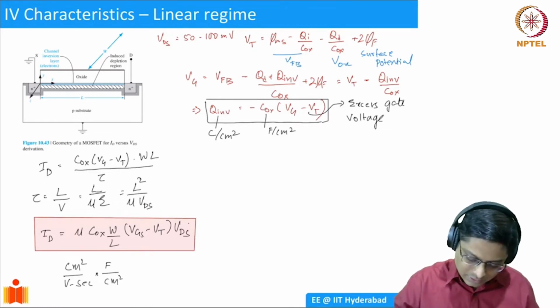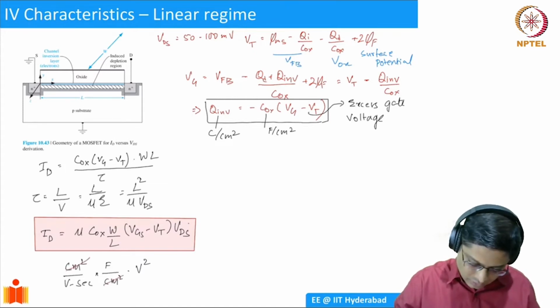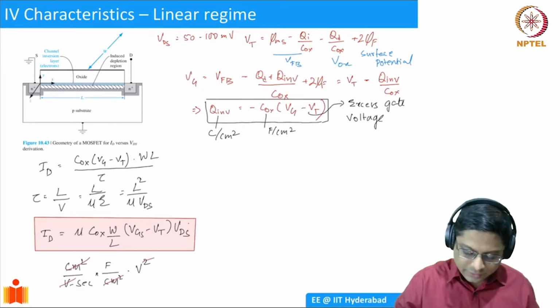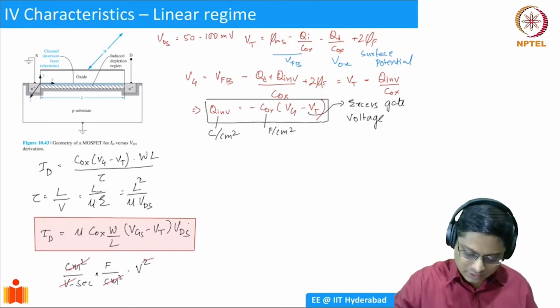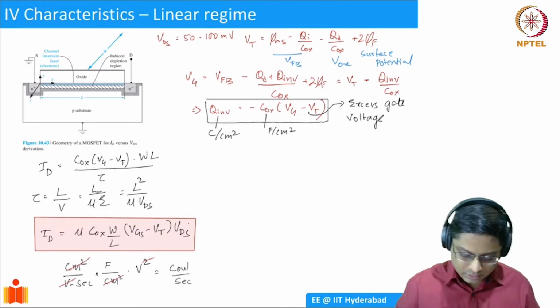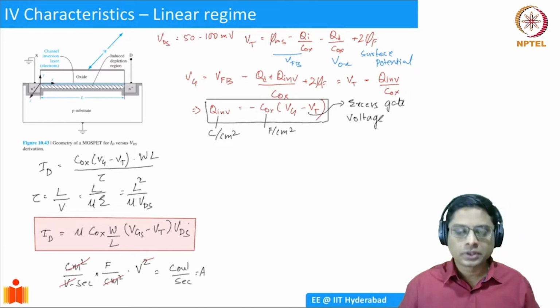And then VGS minus VT is voltage, and VDS is voltage, so voltage square. So what you get is centimeter square goes out, one of the voltage goes out. So farads is C into V, and Q is charge, right? So this is coulomb per second, which is current, correct? So dimensionally we are fine.